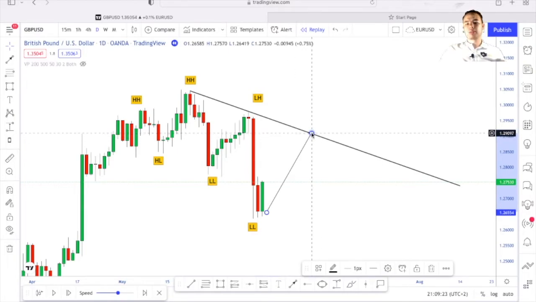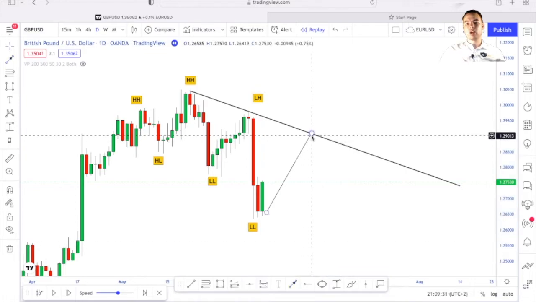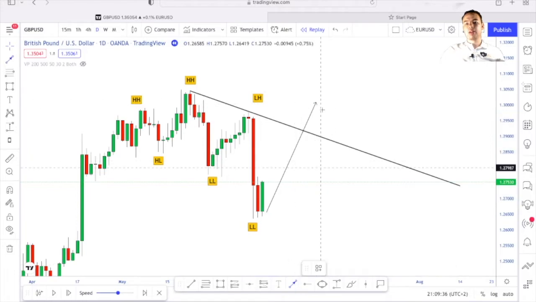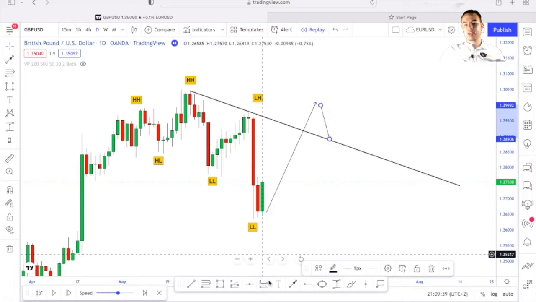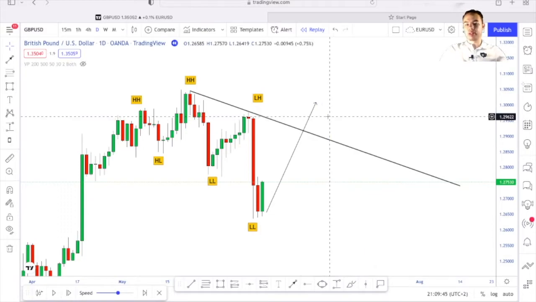One of two things can happen. Price can come push to the trend line and it can reject and you sell on that rejection, or price can push up, then reject, retrace, and then you buy. So those are the two things that can happen with a trend line.